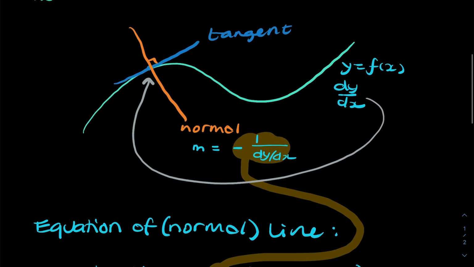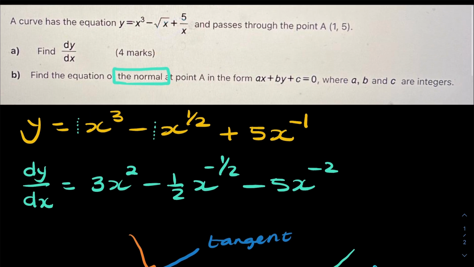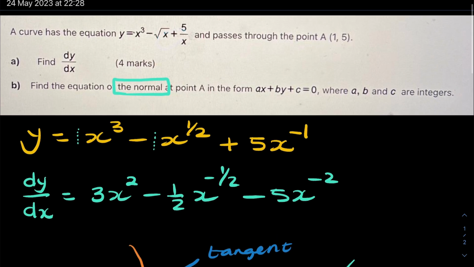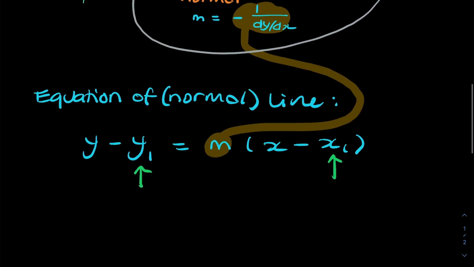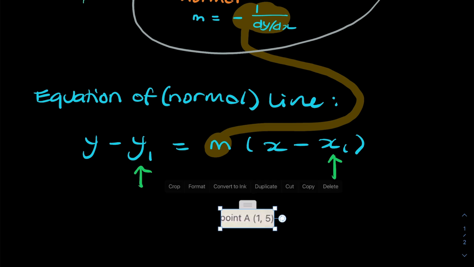So if we look to the question, we're told that the curve passes through the point A, 1, 5. So this point, 1, 5, is really important because it gives us the value for x1 and y1.